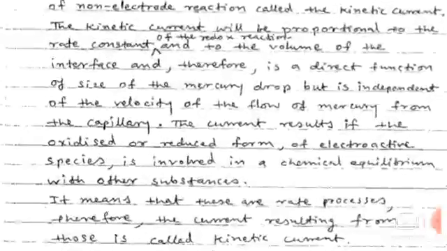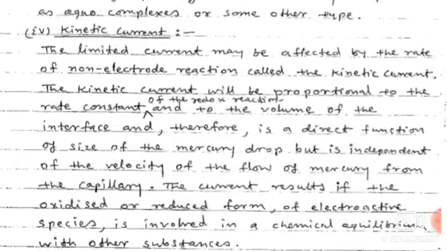The limiting current may be affected by the rate of a non-electrode reaction, called the kinetic current. So what is kinetic current? The limiting current that is affected by the rate of the non-electrode reaction is called a kinetic current.